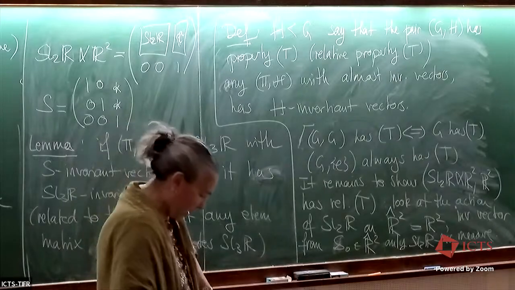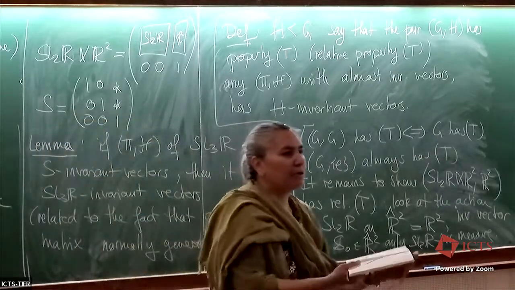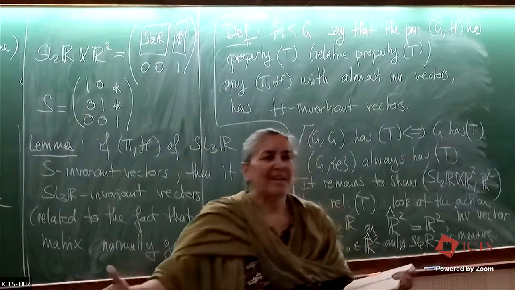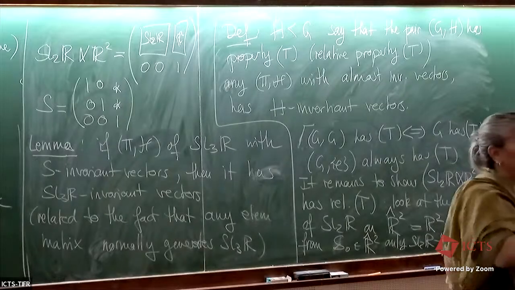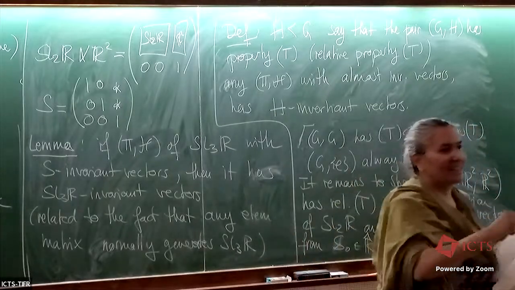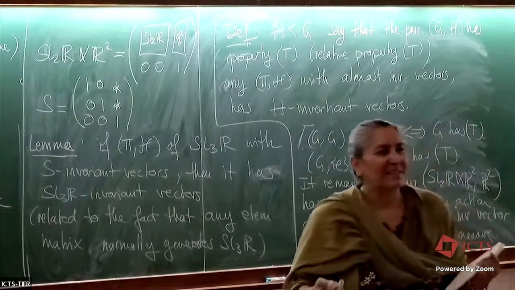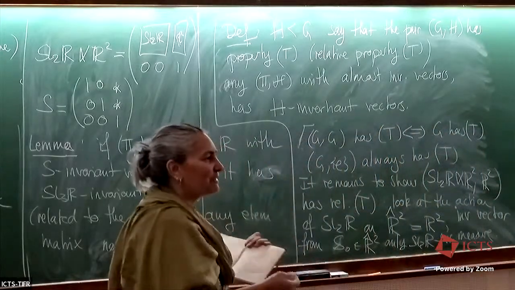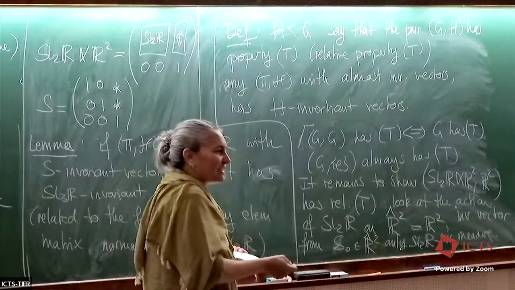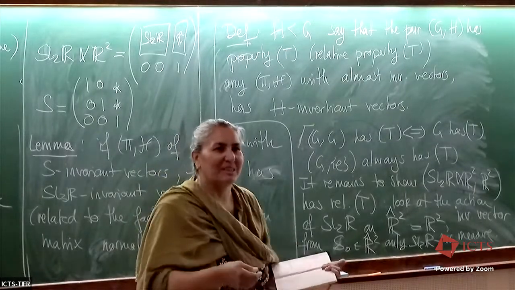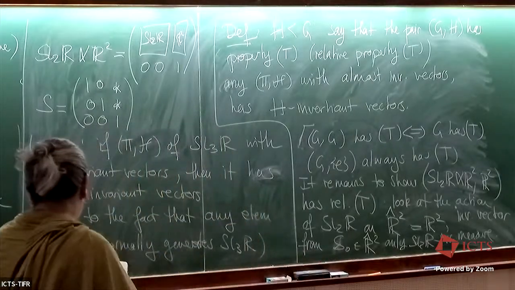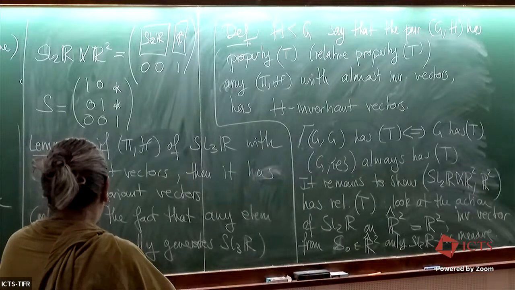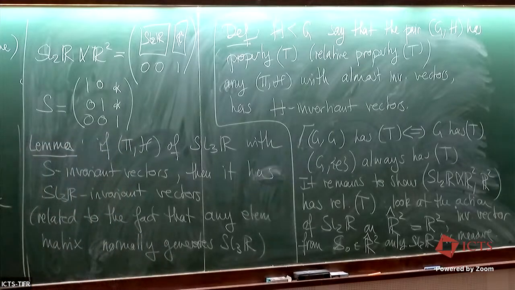You look at SL2R acting on R2. What does the action do? The action of SO2R is just going to rotate stuff, but SL2R is going to smash things. So it's believable that the only measure that's going to be invariant is the Dirac mass at 0, because that's the only point that's not really moved. So that was another list of groups with property T.